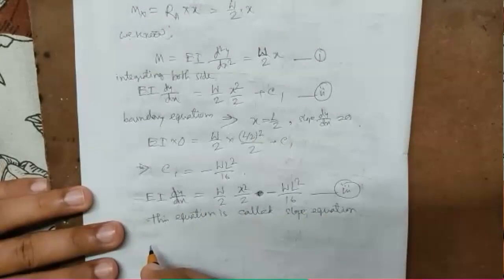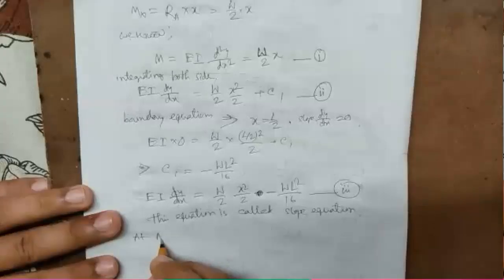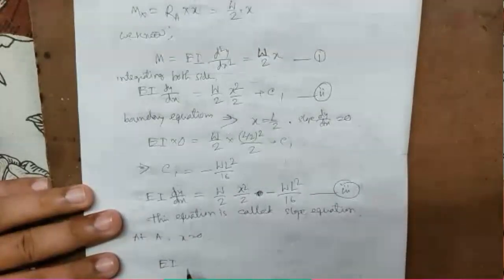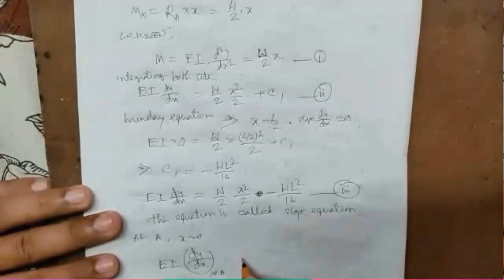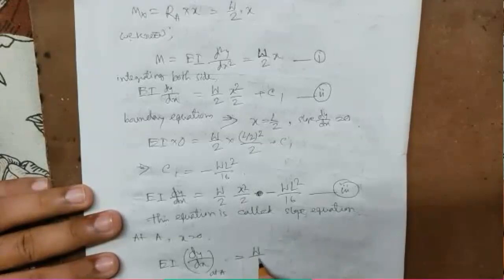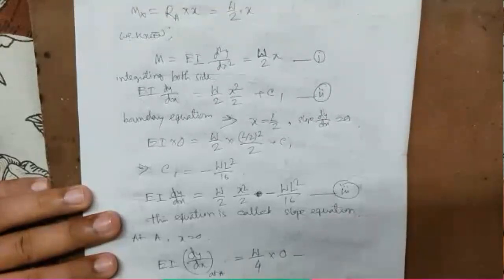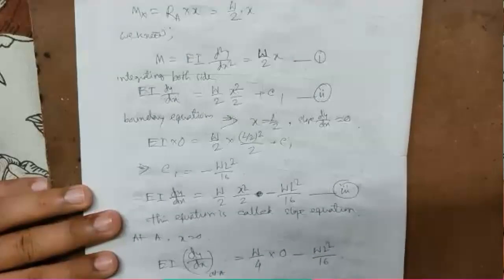So at A, when x equal to 0, putting the value, EI into dy dx at A gives us W by 4 into x value, which is 0, 0 square means 0, minus WL square by 16.